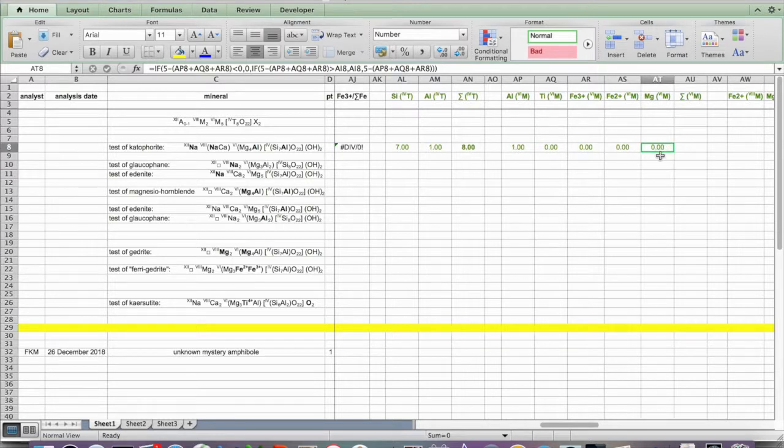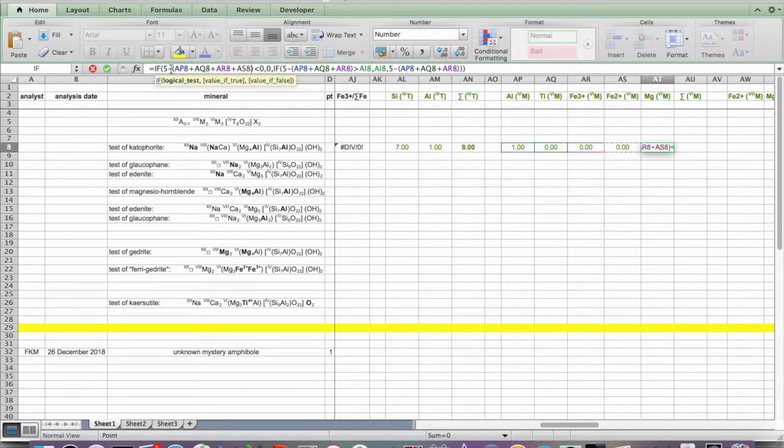So again, for magnesium, we want the formula to represent the amount of material that is available in the site, which is still 5, minus the things that have to be in there. Well, the aluminum, titanium, and iron 3 that we previously calculated have to be in there, but now this iron 2 that we've also calculated also has to be in there, and so I'm going to add that iron 2 cell to the formula as well.